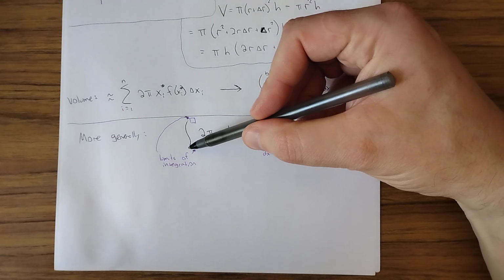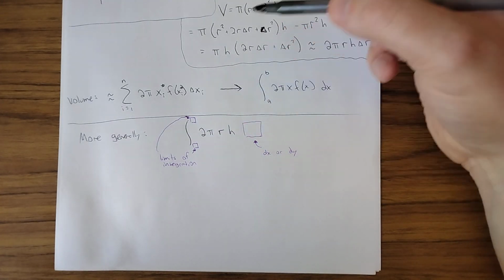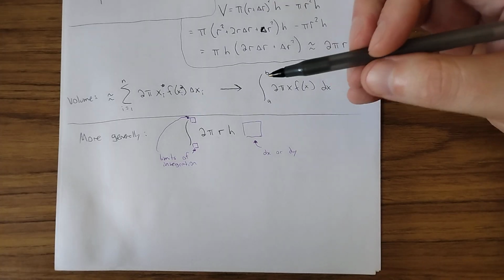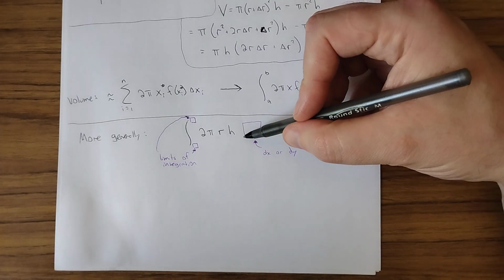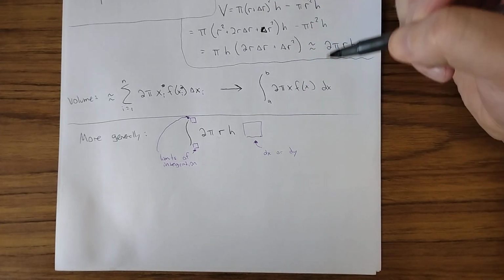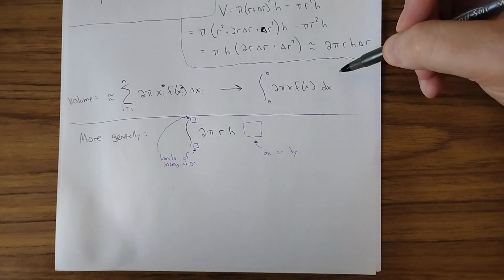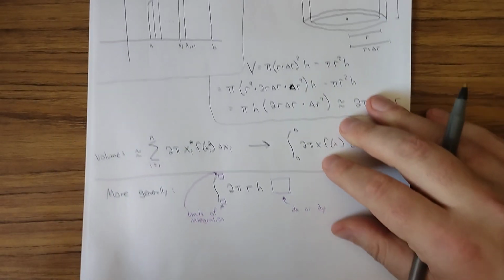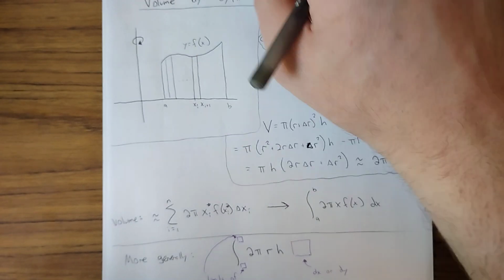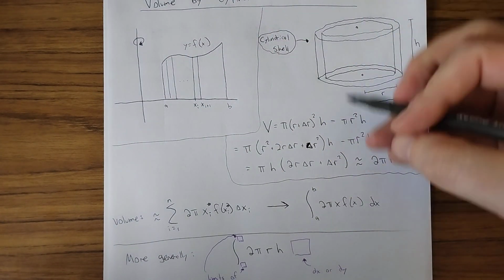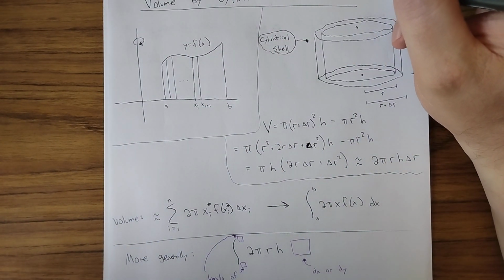There's always an integral, and then there's some blanks for us to fill. In the end, there's always going to be either a dx or a dy. The one we just did was a dx, but if everything was sideways and I had x as a function of y, then I would do dy instead of dx. I'm going to use the word slices again.